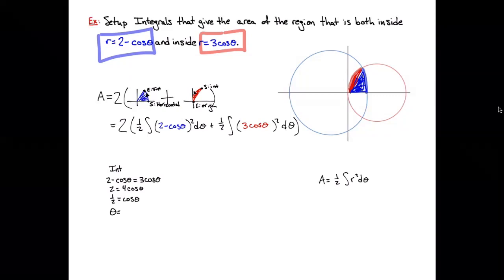Cosine theta equals 1/2 has several answers, including minus pi thirds, 5 pi thirds, etc. But I want the one that's in the first quadrant, so I'm going to pick pi thirds. And so that tells me my first integral is going to end at pi thirds, and my second integral is going to start at pi thirds.